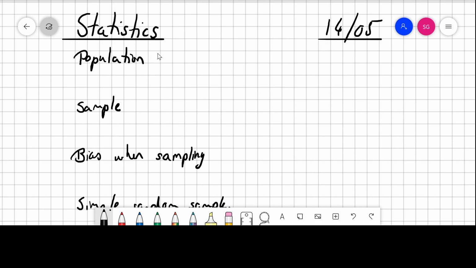Well, that's really just whatever group we're studying. So imagine I was studying all Leaving Cert students and I wanted to know data about Leaving Cert students. Well, then my population would be all the Leaving Cert students in the country. What if I wanted to know about Irish accountants?